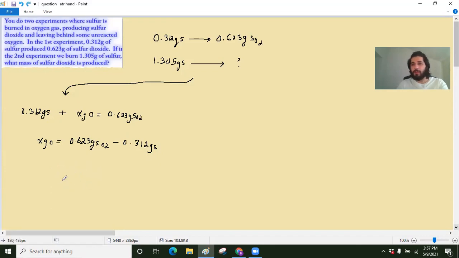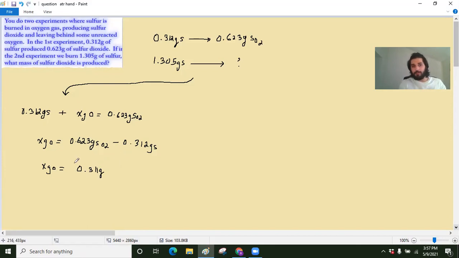And we're just trying to figure out what happened in our reaction. What's the information that we can extrapolate and use in order to, again, build that pragmatic approach. So the X grams of oxygen equals subtracting the sulfur from the sulfur dioxide, and we'd subsequently get 0.311 grams of oxygen, right?